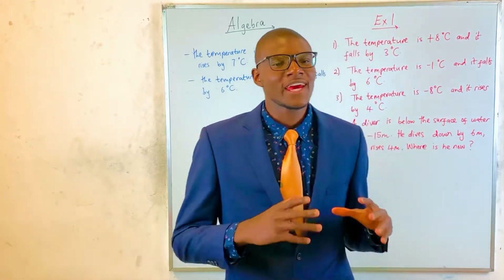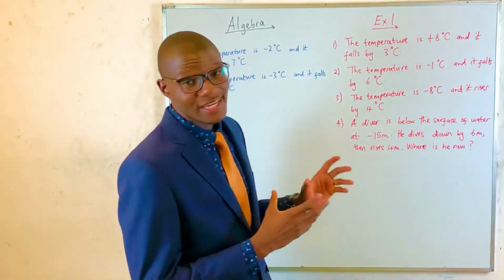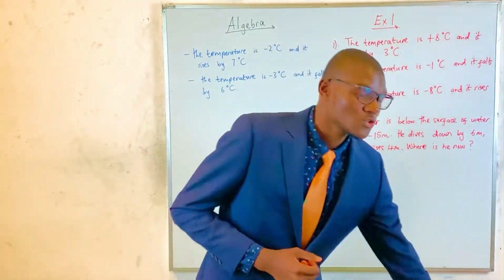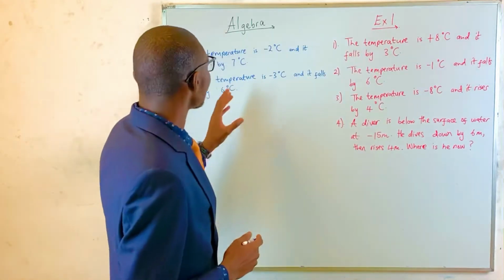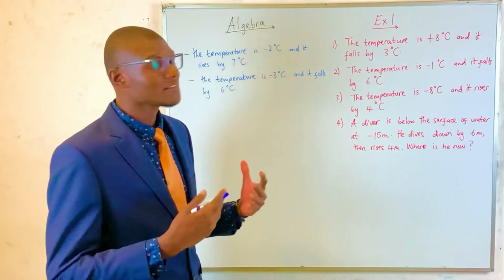So to start off, an easy way to think about calculations with negative numbers is to look at changes in temperature. Suppose that the temperature is minus 2 degrees Celsius and it rises by 7 degrees Celsius.